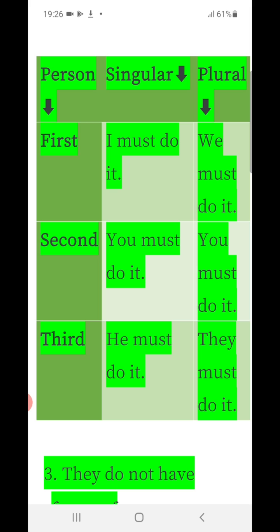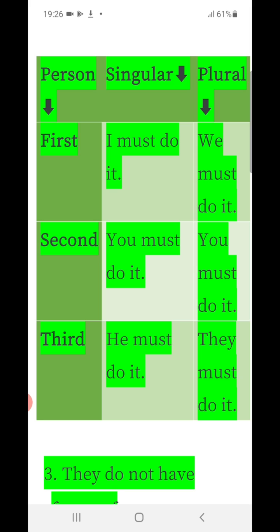Must is not getting changed. Next, second person, singular form of subject. You must do it.